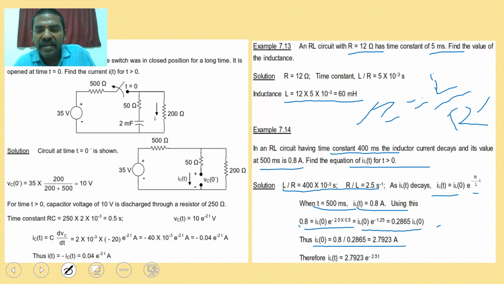So 0.8 divided by 0.2865, finally you get 2.7923 amperes. Therefore the inductor current IL of t is equal to 2.7923 e power minus 2.5t amperes. Do you understand?